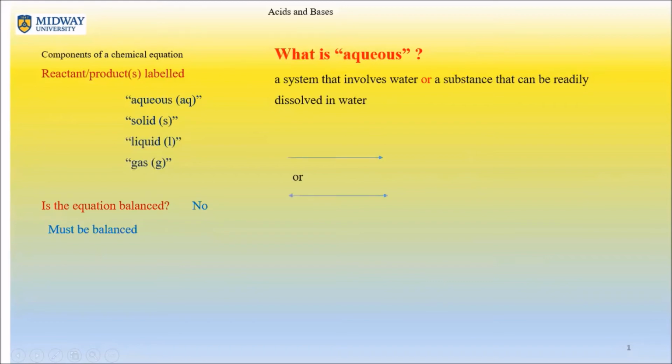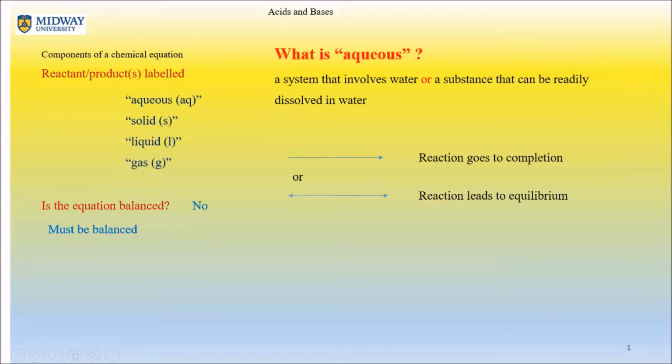And the third thing is something a lot of people take for granted and use as they wish. A single-headed arrow between reactants and products has a different meaning than a double-headed arrow. A single-headed arrow means the reaction goes to completion, and we are going to see shortly the effect of both arrows through examples that we've already learned in 170, but we are revisiting because we are on the topic of acids and bases.